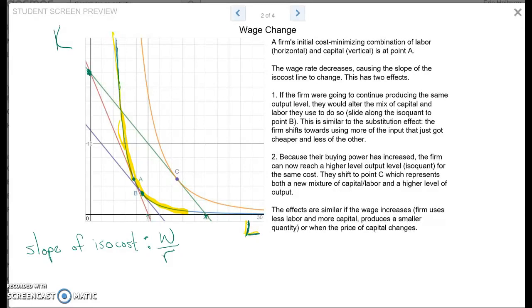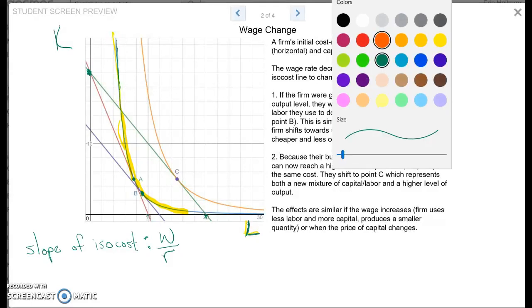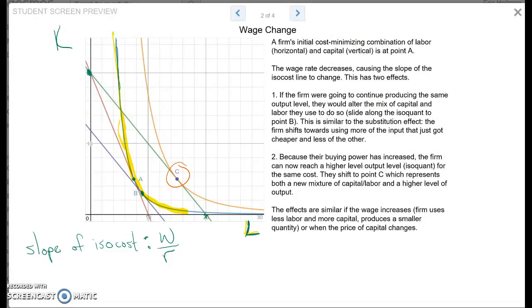So in addition to substituting towards a more labor-intensive production combination, so using more labor compared to capital, we're also going to be able to shift outwards to a new level of production, which is represented at point C. So we end up here at point C, where we are using a different mixture of capital and labor. The ratio of labor to capital is greater because we're using more labor relative to capital because wages went down. And we're also able to afford to produce more.